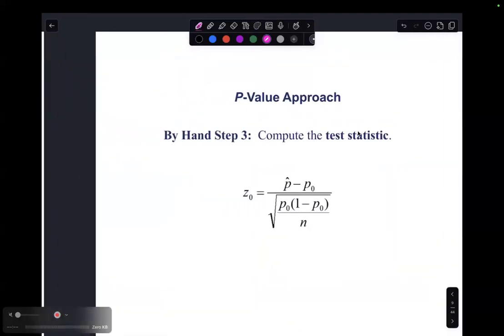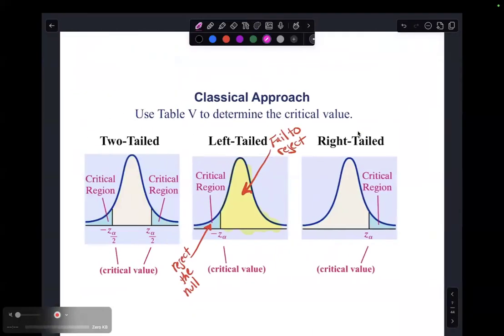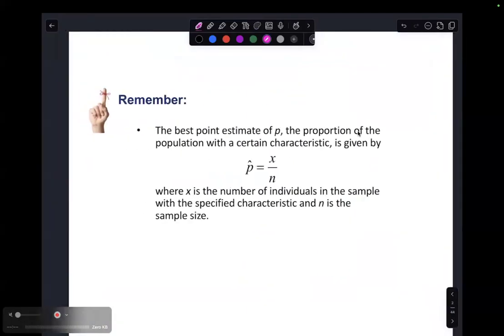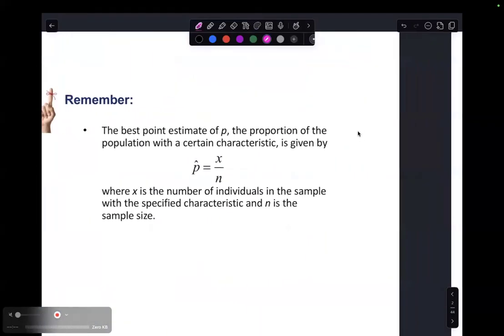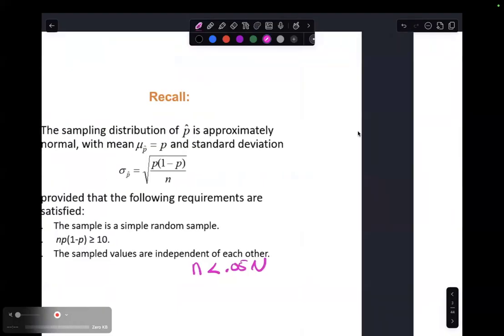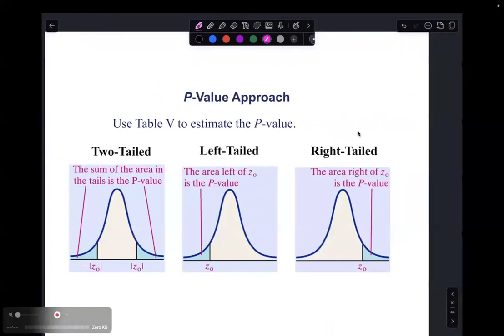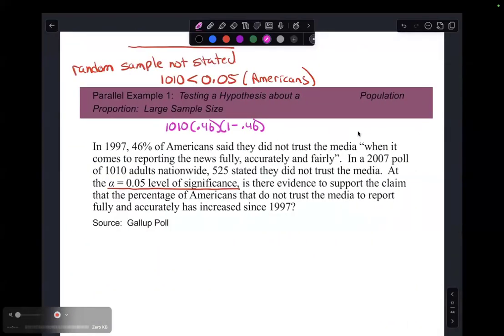Hold on. No, it's just p. Okay, I did fine. So this is 250.8, which is greater than or equal to 10. So we're good there.